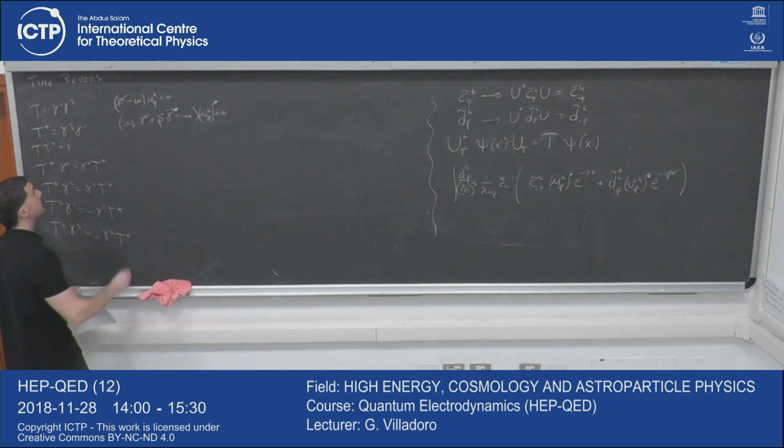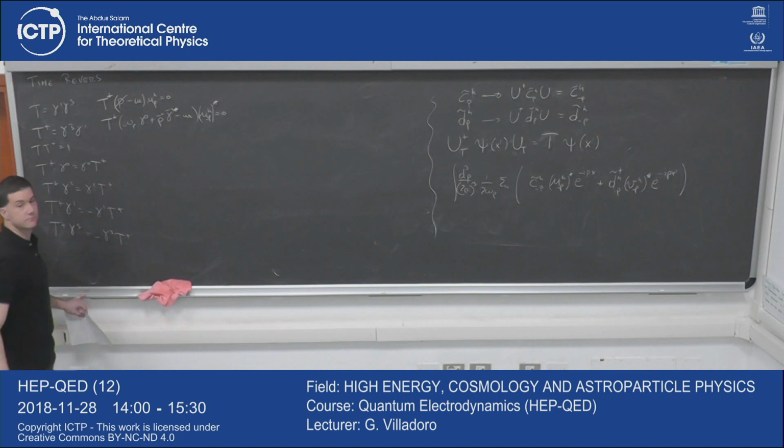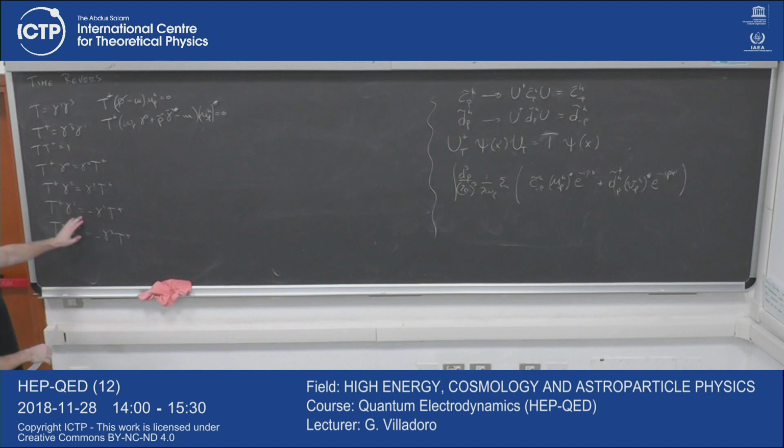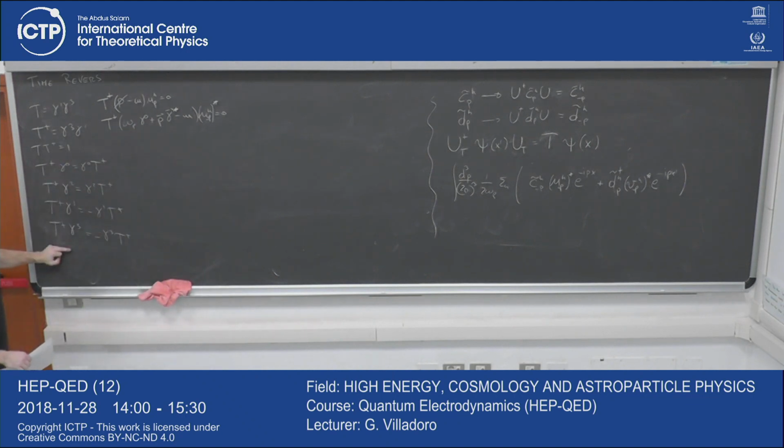So now let's multiply everything by T dagger. And now let's bring T dagger through the gamma matrices using these relations.